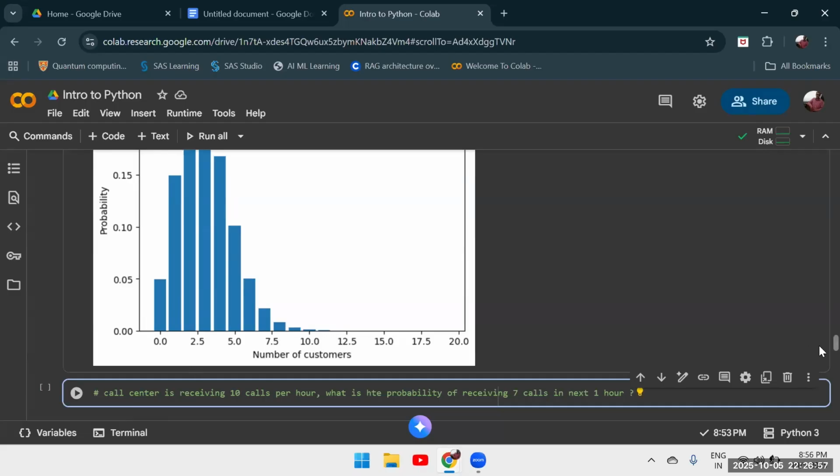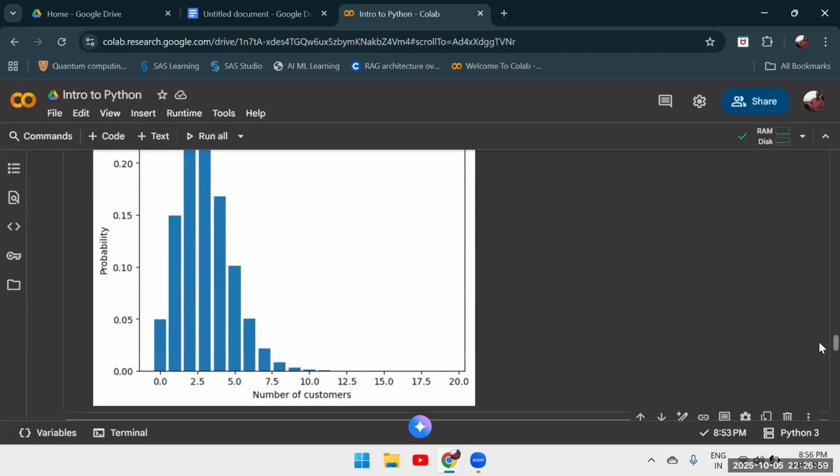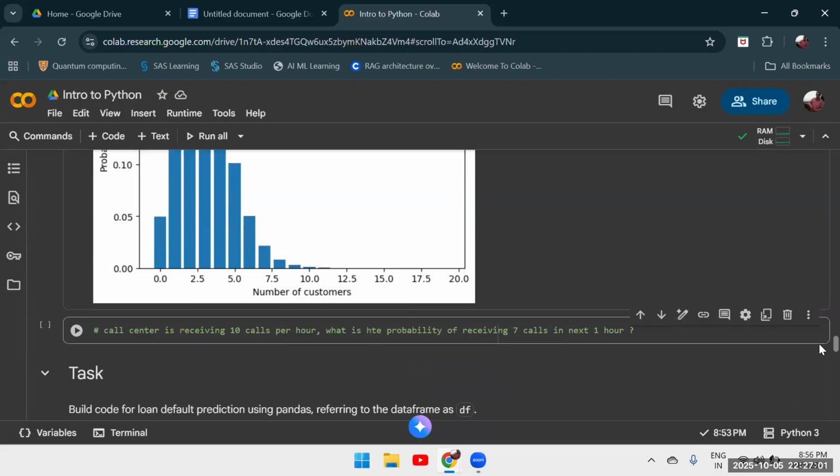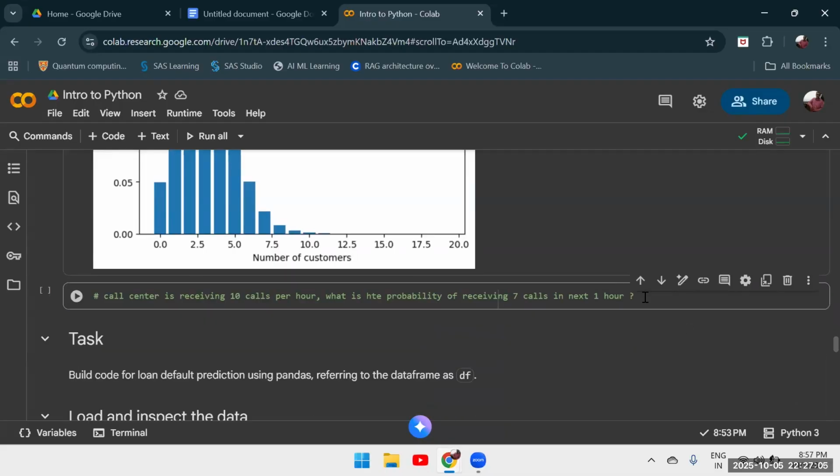Can you tell me how we are supposed to find the data in this Poisson distribution for this? What will be our lambda first? Tell me what is my lambda, Raghav?